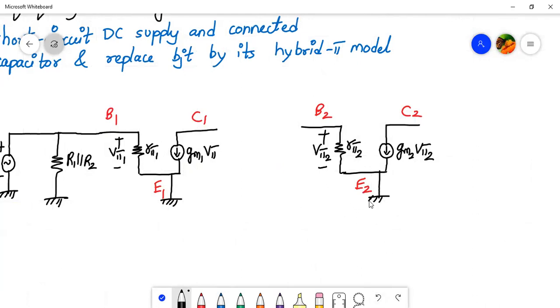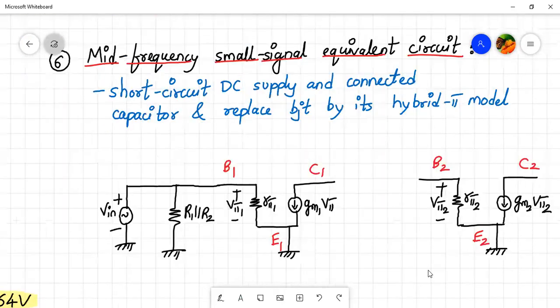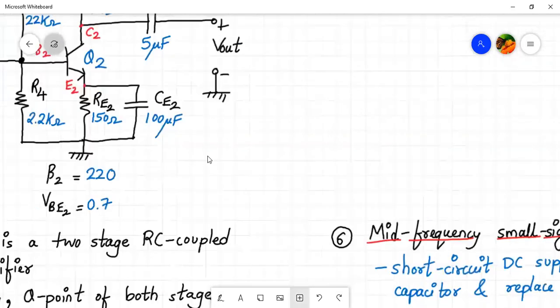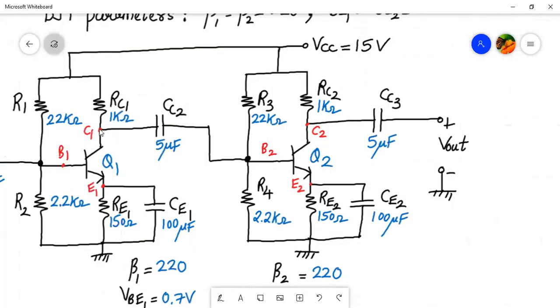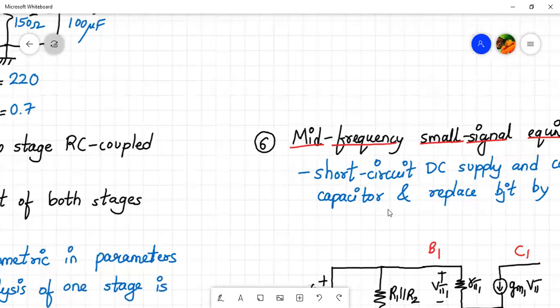Now let's move on to the next one. Let's see what is connected between collector 1 and base 2. So let's go to the circuit diagram. From collector 1 we have RC1, and then CC2 is short circuited. So collector 1 is directly connected to base 2, and from base 2 we have R3 and R4 in parallel. Let's do that quickly.